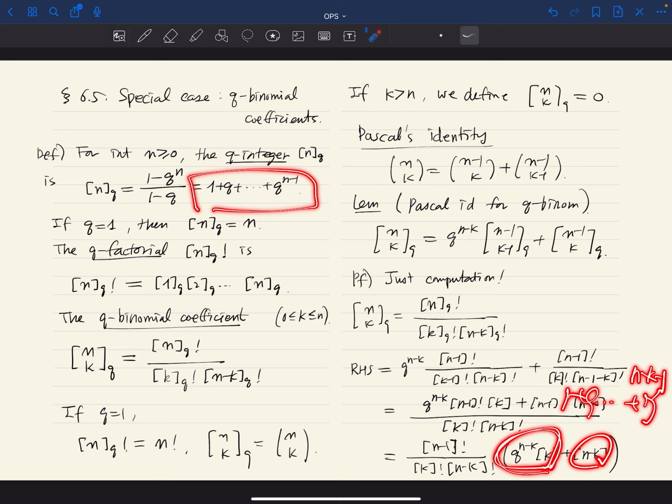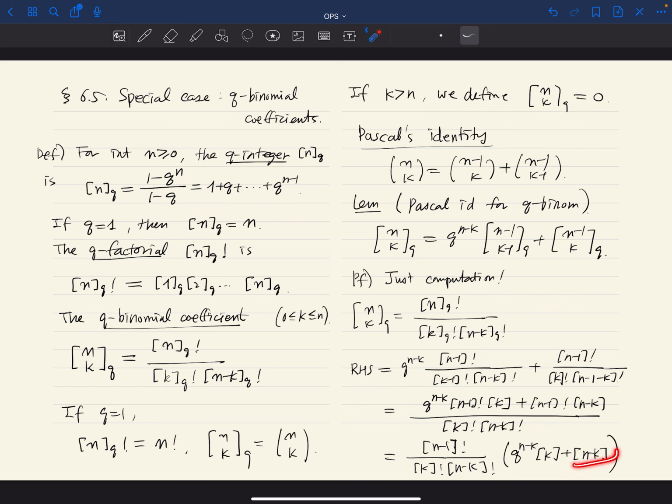Initially we have 1 plus q plus dot dot dot, but because we multiply, this will be exactly the one after this. So this becomes this. So that's the proof, basically. So this is n. That's the computation, so nothing difficult.